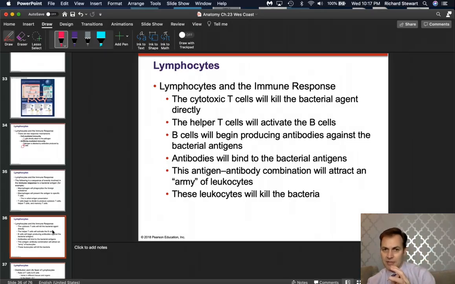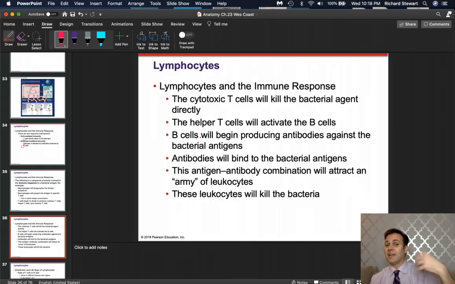So what happens with the antibody is we have a cytotoxic T cell that's cruising around and kills a bacterial agent or something like that. Sometimes the T cell will activate a B cell. In other words, a B cell sometimes can show an antigen over to a T cell. And the T cell says, hey, listen, you didn't go to the thymus to learn the world, so you're still babies, but you recognize this thing as being foreign.